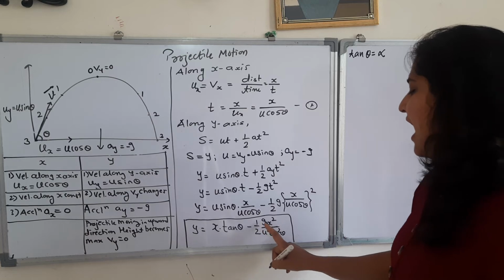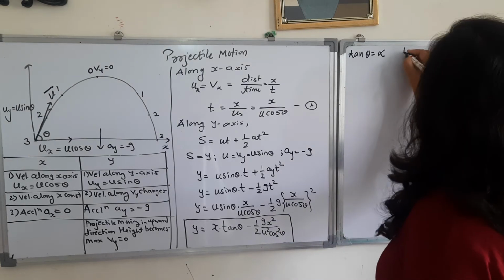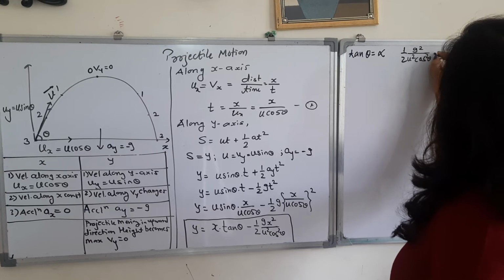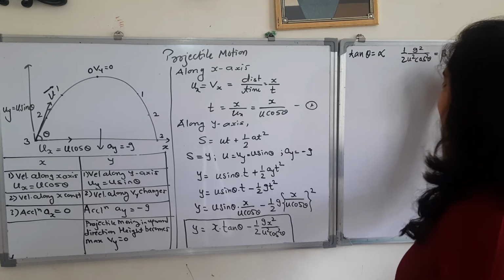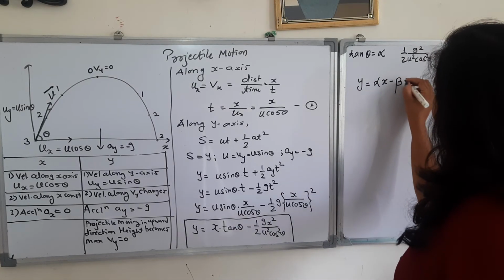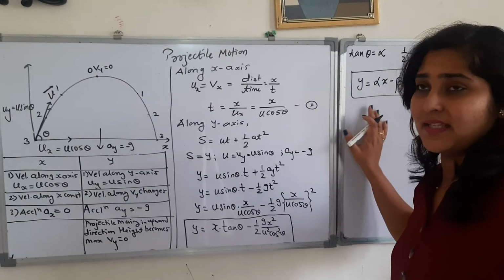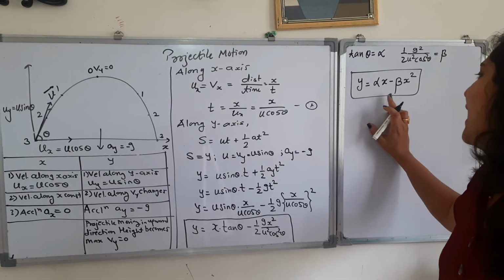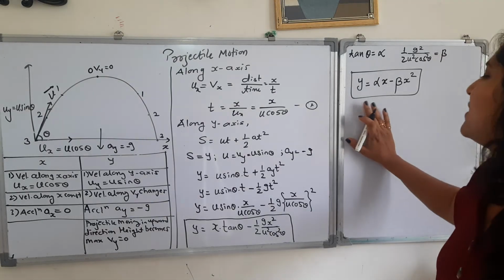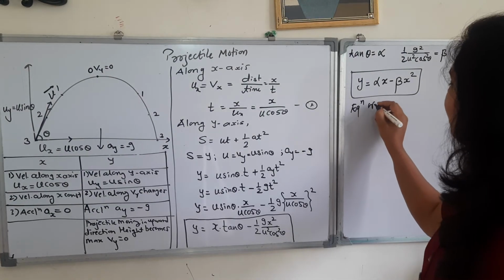And the whole constant g upon 2 u square cos square theta I am substituting as beta, so your equation becomes y equals alpha x minus beta x square. You might have seen this equation in mathematics, a x minus b x square or alpha x minus beta x square. This is the equation of a parabola.